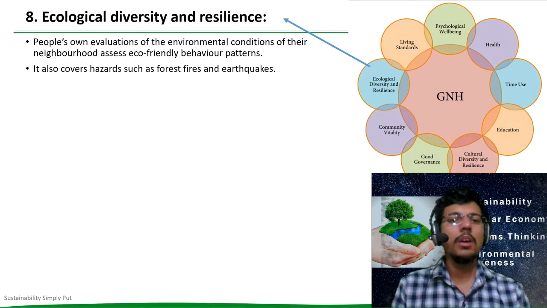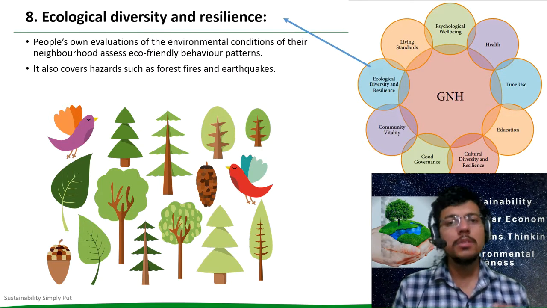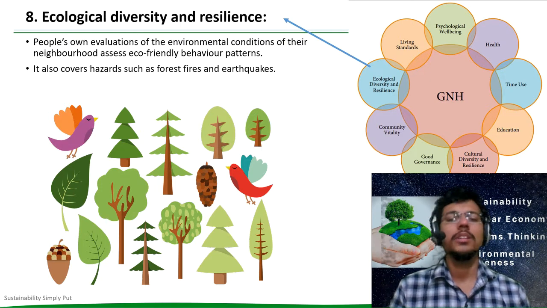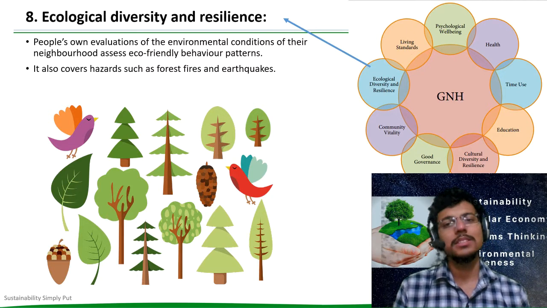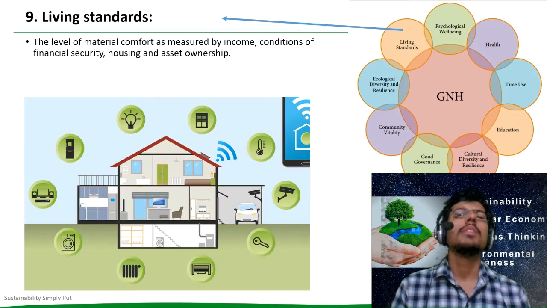Eighth is ecological diversity and resilience. This domain encompasses indicators that measure people's own evaluations of environmental conditions of their neighborhood and assess eco-friendly behavior patterns. It also covers hazards such as forest fires and earthquakes. And last, ninth is living standards.